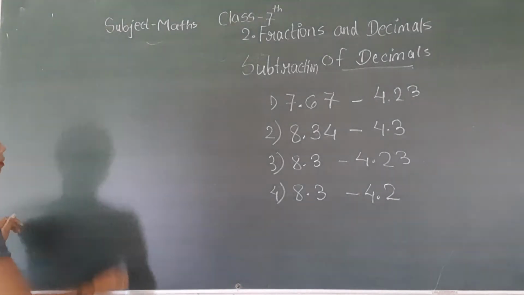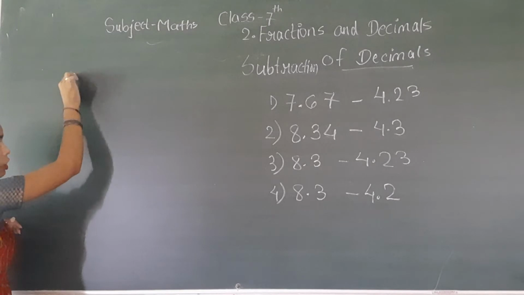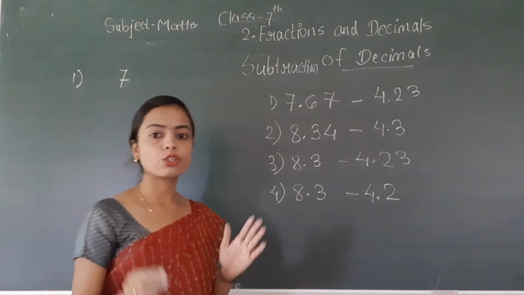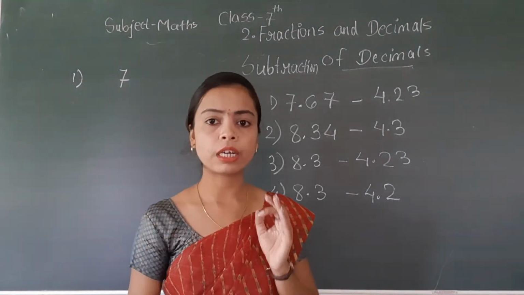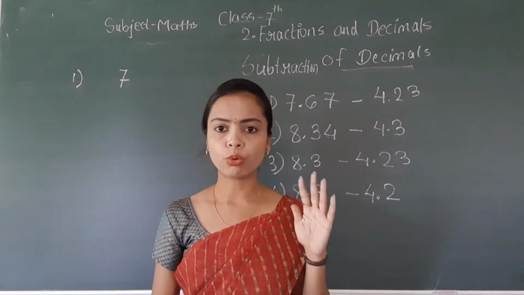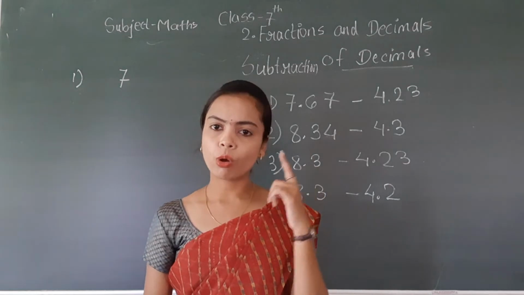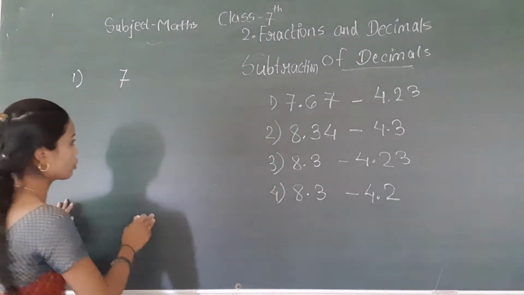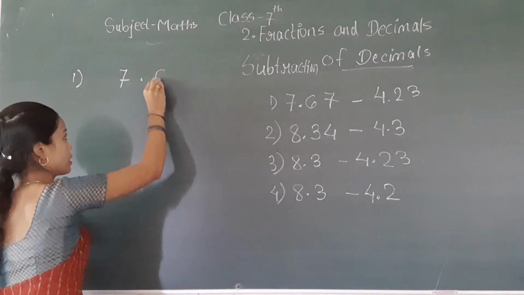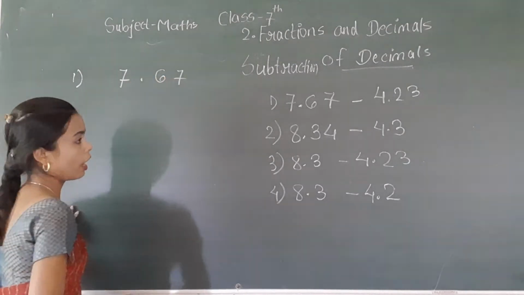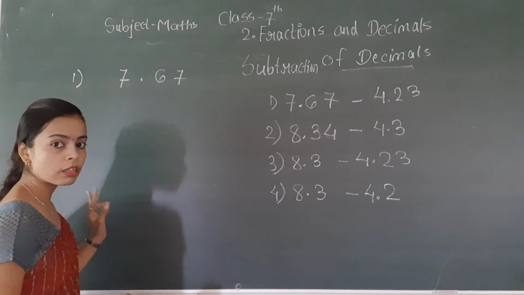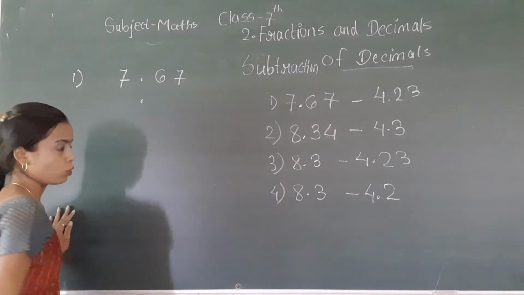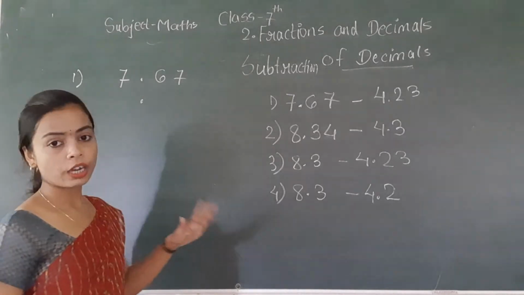Okay, so I will take the first subtraction here. In the subtraction process you have to follow all the steps that I told you in the addition. Okay, so remember all the steps of addition. We just have to apply them in the subtraction. So first write the first number as it is. After that place the decimal point. Now write the left part.